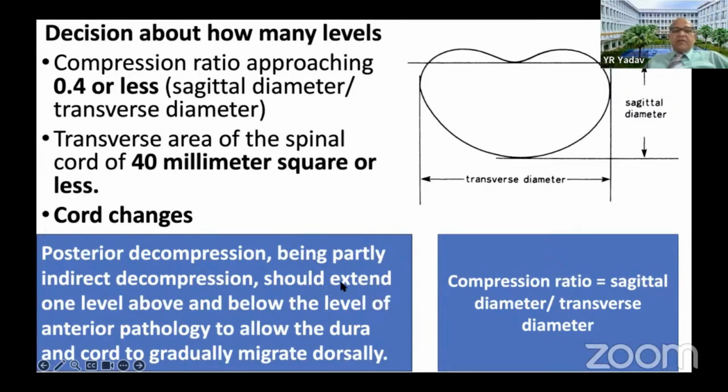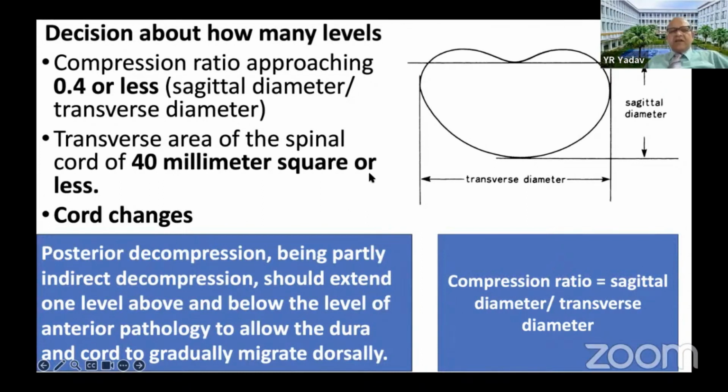if the compression extends over 3 levels, supposing C4, 5, 6, then you have to remove 1 lamina above, that means C3. There should be gradual shifting of the cord posteriorly. If there is a sudden shifting of the cord posteriorly, there may be kinking and the patient may deteriorate.